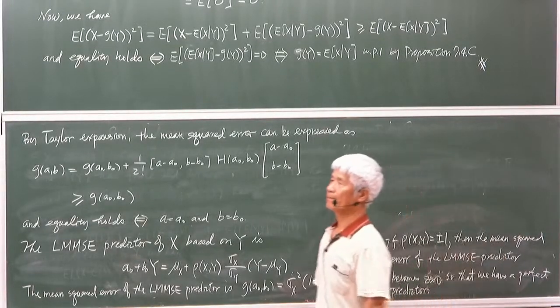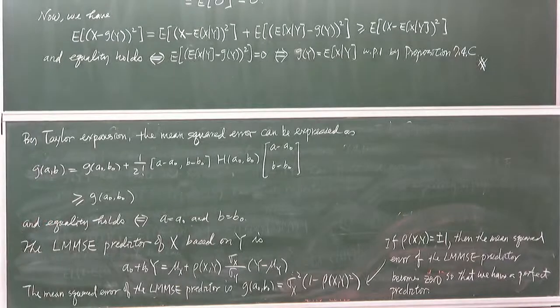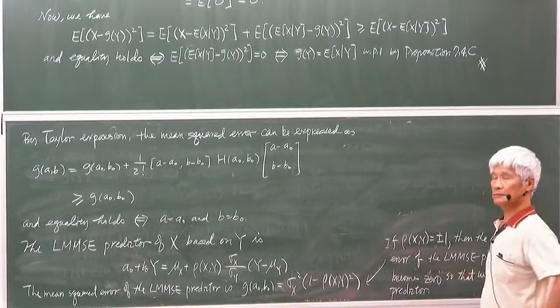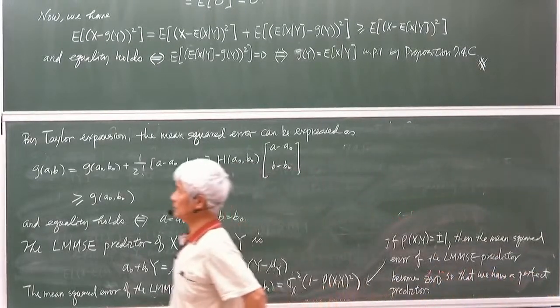So the best linear predictor is a perfect predictor, which means that the mean square error is 0, if and only if x and y are linearly related with probability 1, which means that the correlation coefficient is equal to plus or minus 1. Okay?